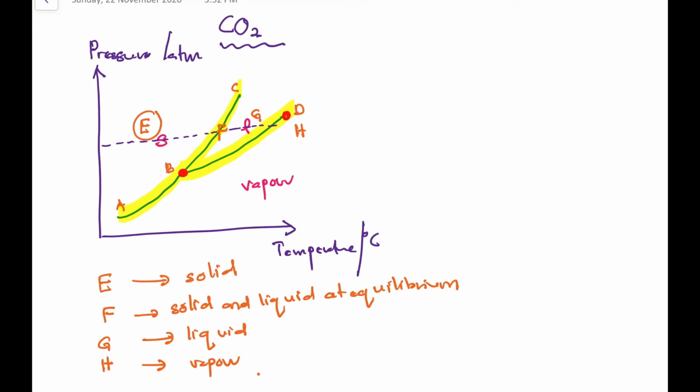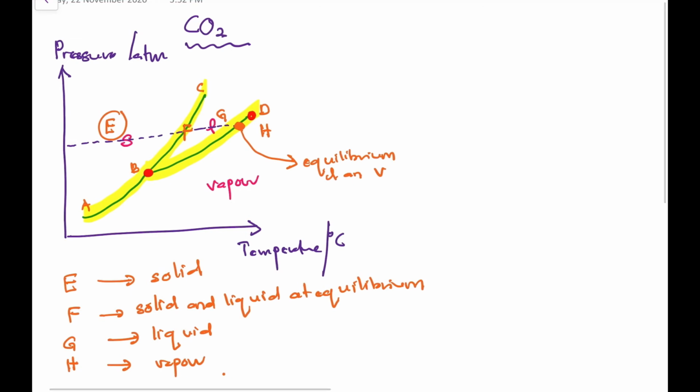If I put a point here, at this point the substance exists in equilibrium between liquid and vapor. So this is the phase diagram of carbon dioxide.